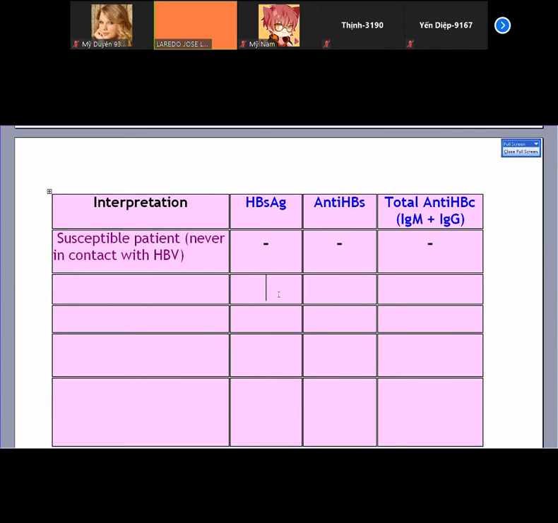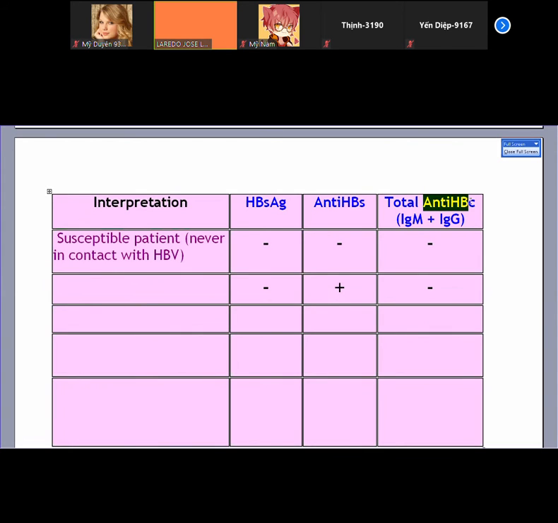Second profile that we can find is a patient in whom only antibodies against the surface antigen are positive. Remember, these antibodies are the only antibodies that can protect someone against hepatitis B. So this patient is protected against hepatitis B. But this patient has never been in contact with the virus.